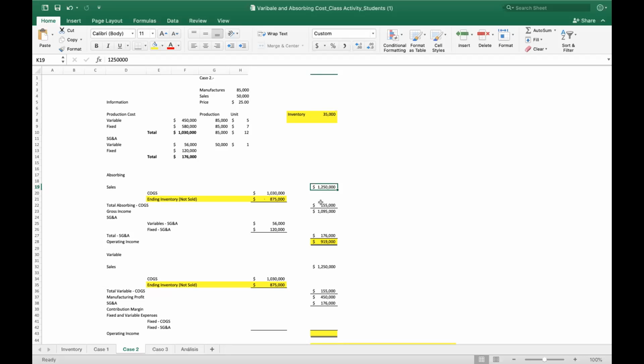But any ideas what we should do? No? No one? Maybe we can multiply the sales by the price, no? You did that already there. I think you are the only ones who haven't got it.